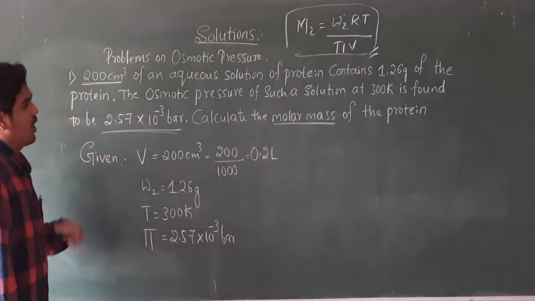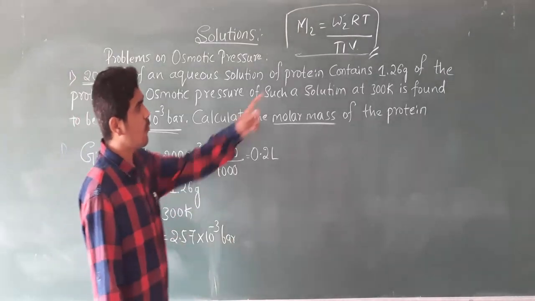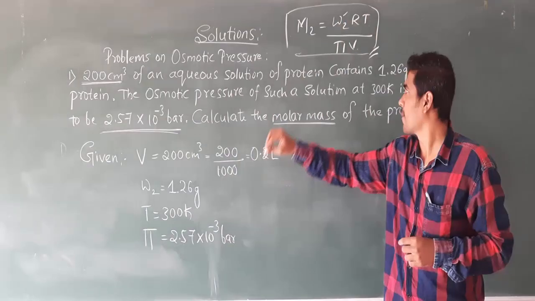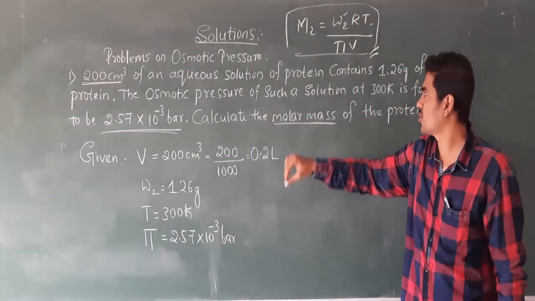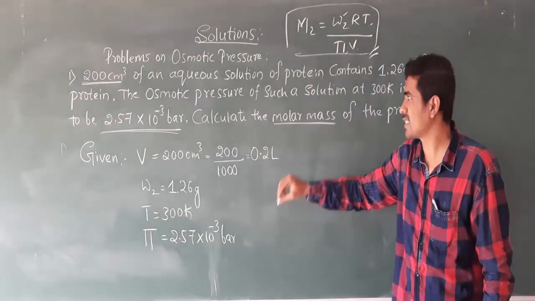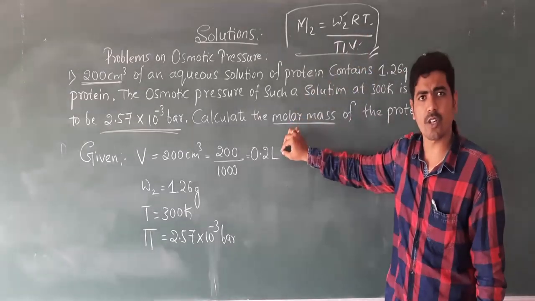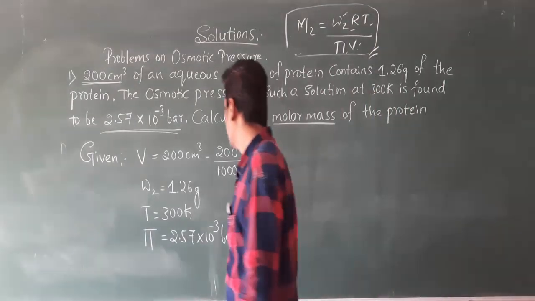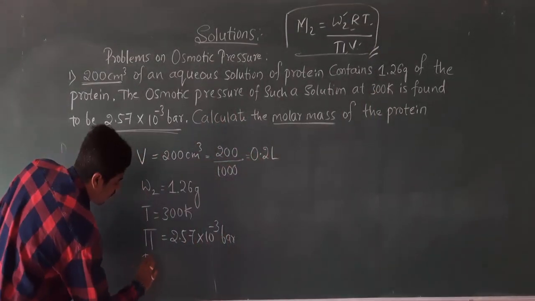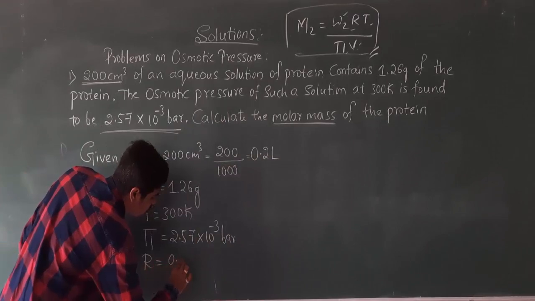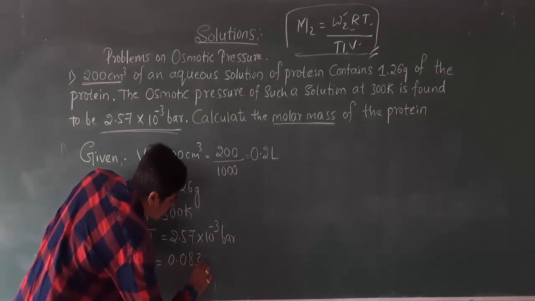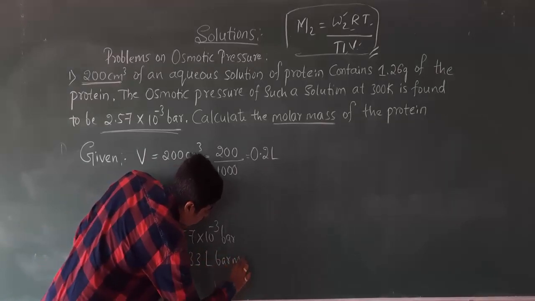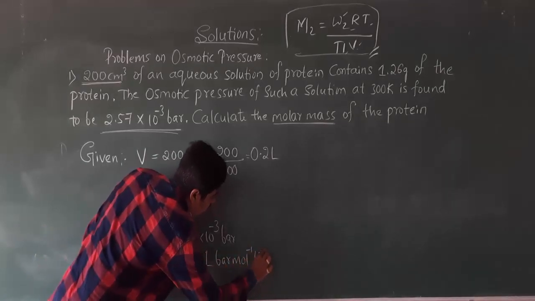Along with that, in this formula, W2 is given, T, the temperature, is given, pi, the osmotic pressure, is given, and V, the volume, is also given. And R is a constant, and its value is R equal to 0.083 liter bar per mole per Kelvin.